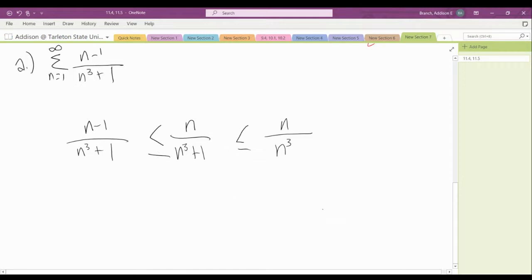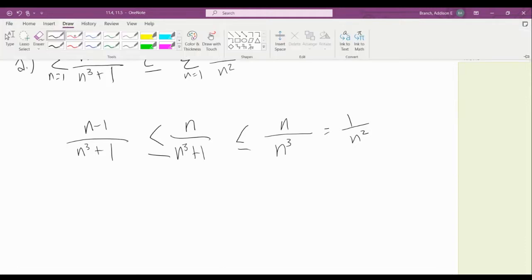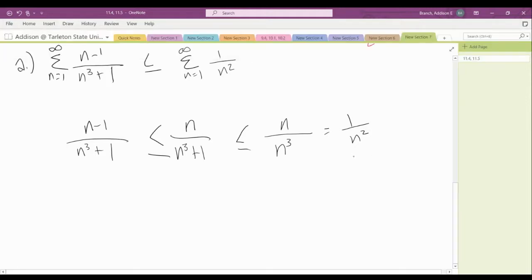We can say for sure, and since we know n over n cubed is equal to 1 over n squared, we can compare our initial series to the series of 1 over n squared. We know from our p-series that 1 over n squared is convergent.